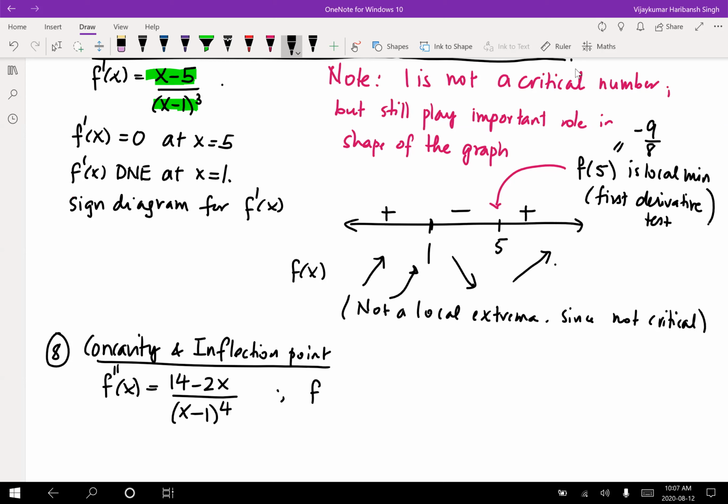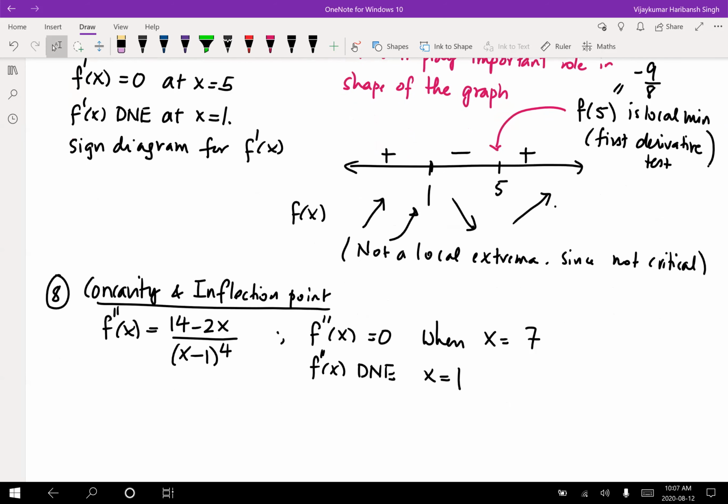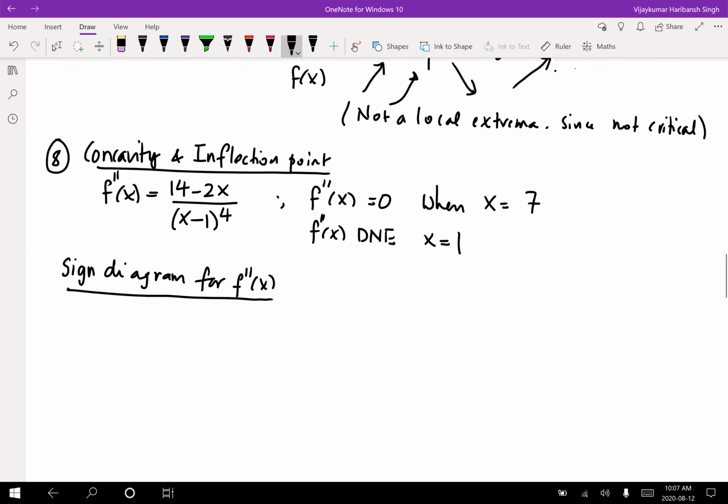So note that f double prime x equals 0 when x equals 7, and f double prime x does not exist when x equals 1. Yeah. So now again, we need to draw the sign diagram for f double prime of x.